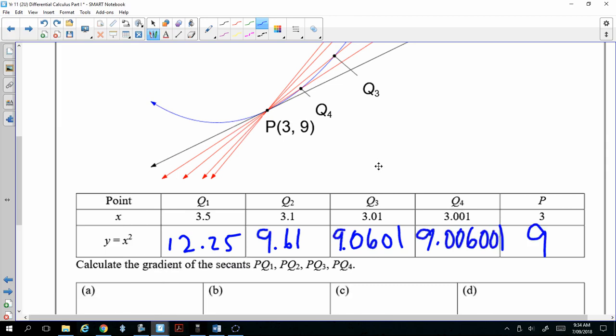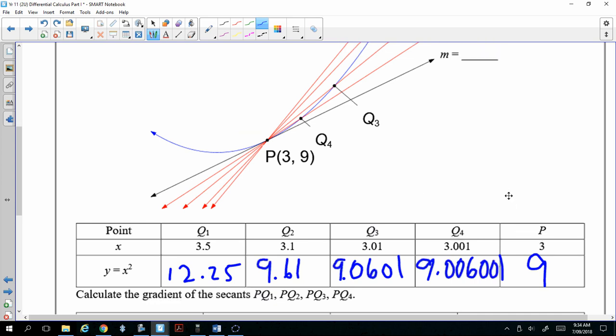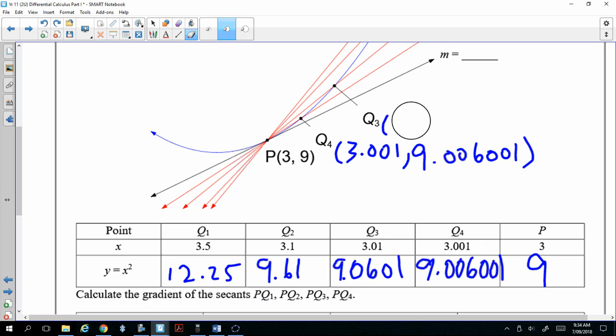Now Q4, can you write down the coordinates of each? So Q4 is 3.001, 9.006001. Okay. Q3 is 3.01, 9.0601, and Q2, what's Q2? 3.1, 9.61.